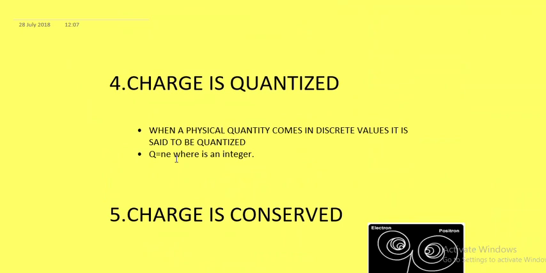And there are two properties attached with the charges. One thing is that charge is quantized. What we mean by quantization is that when a physical quantity comes in discrete values, it is said to be quantized.